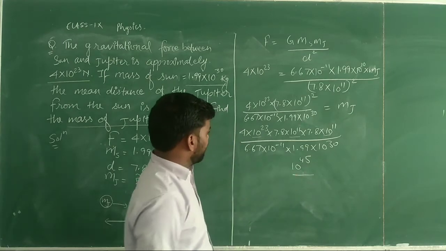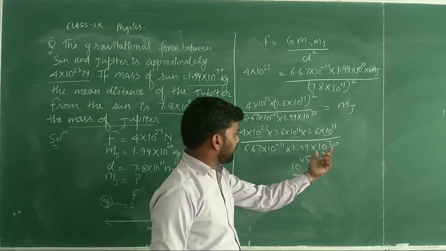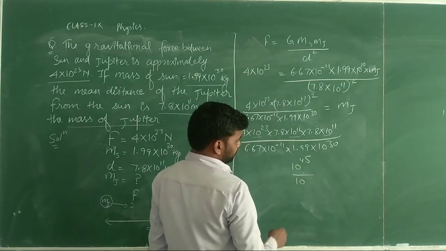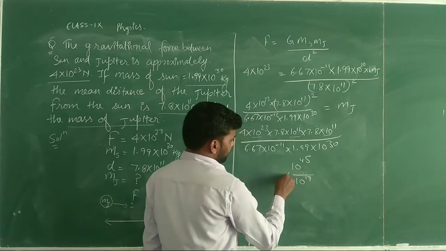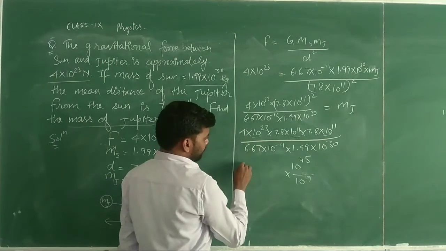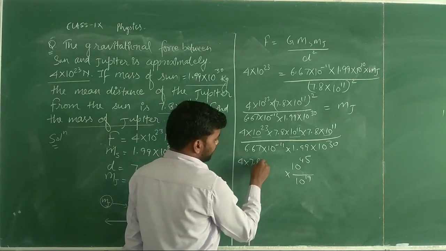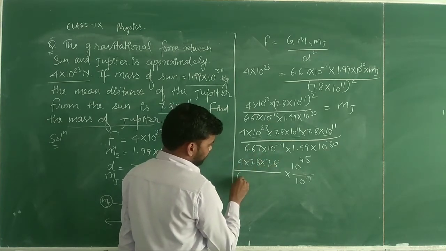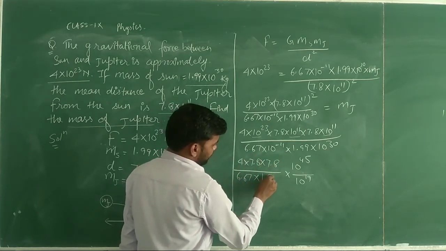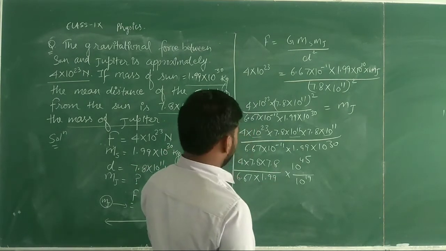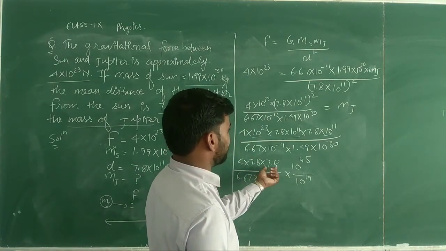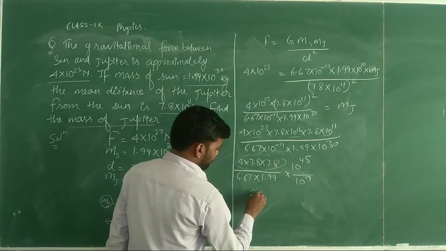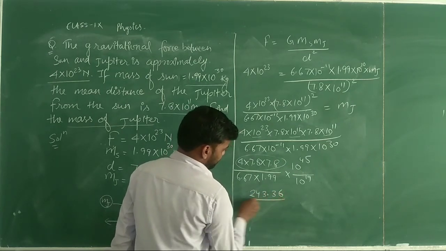Upon, here is 10^-11 and 10^30; when we add them, it will be 10^19. And what is left? 4 multiplied by 7.8 × 7.8, and in the denominator side, 6.67 × 1.99. So when you solve 4 × 7.8 × 7.8, you will get a value that is 243.36 upon 6.67 and 1.99.